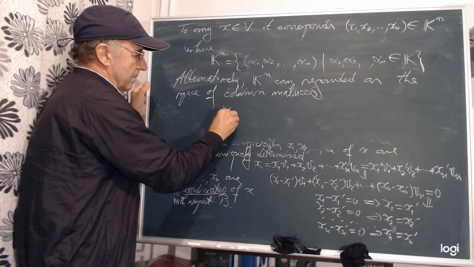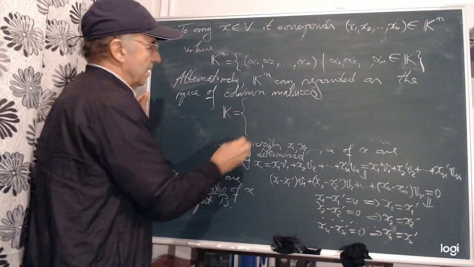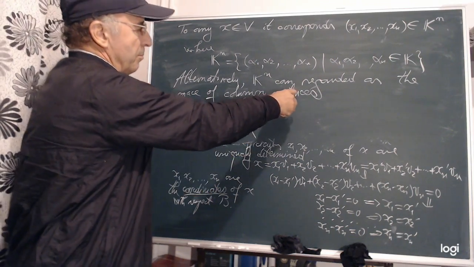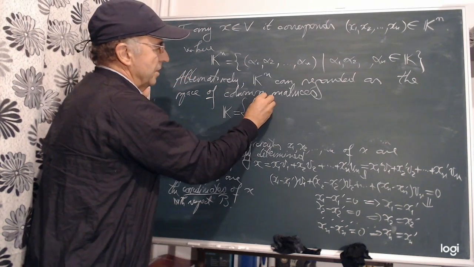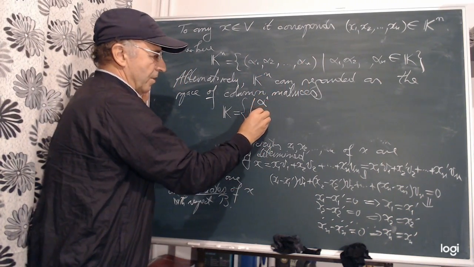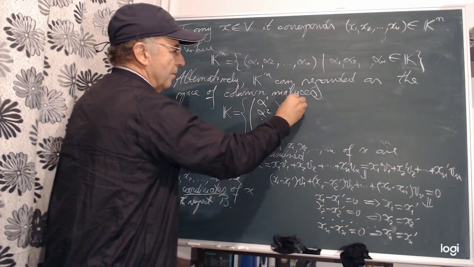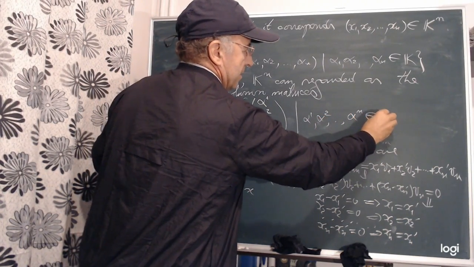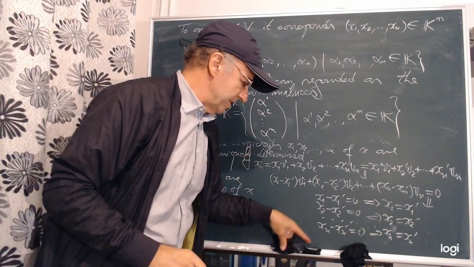An alternative representation, as the set of all the column matrices, and in this case it is useful to use superscripts instead of subscripts: alpha 1, alpha 2, up to alpha n, where again alpha 1, alpha 2, alpha n are scalars from K. Kn here is the space of all these matrices.